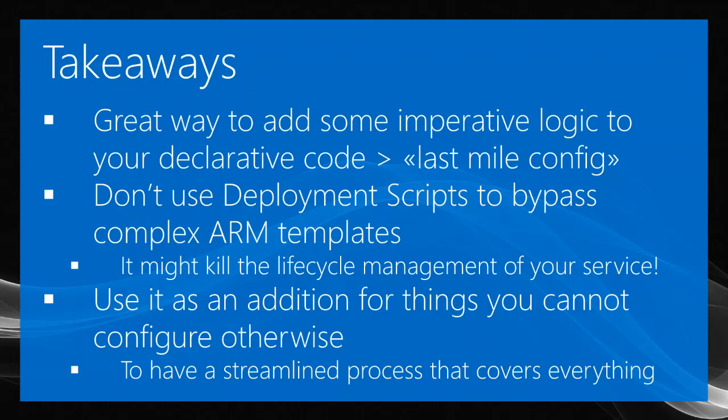That's not the idea behind it, because as we've seen, depending on your cleanup preferences, scripts might rerun, might not rerun, and that means that you have to add some logic to your scripts so that they don't fail in both situations, right? So you should still pretty much focus on declarative approaches using ARM templates, and then use deployment scripts where not otherwise possible.